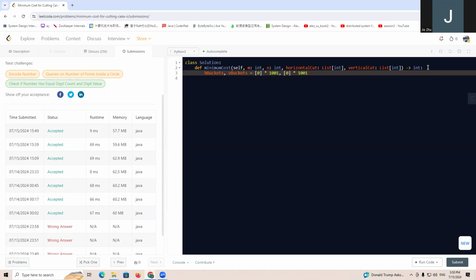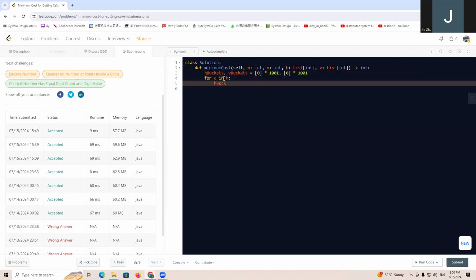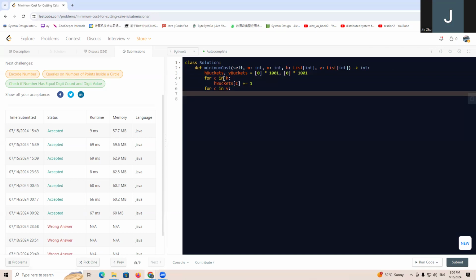And for c in H, we'll have H bucket c plus equal to 1. And for c in V, we should have V bucket c plus equal to 1.